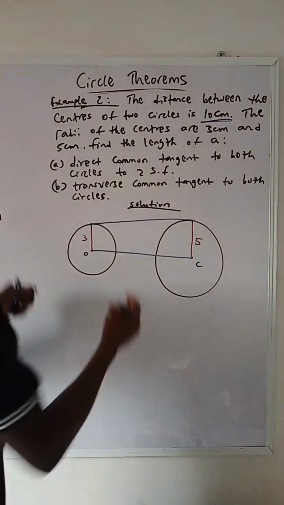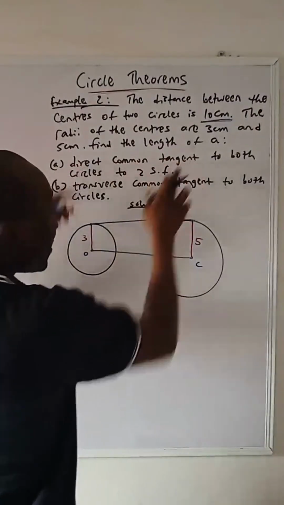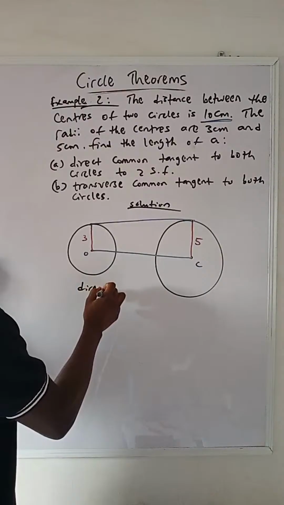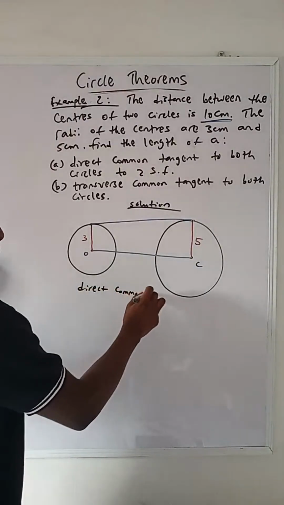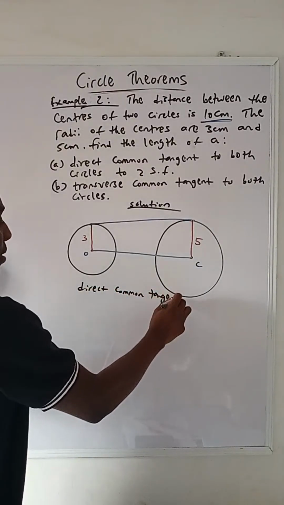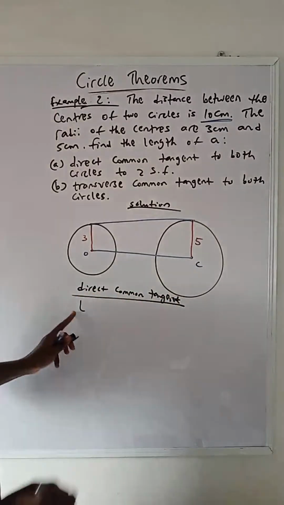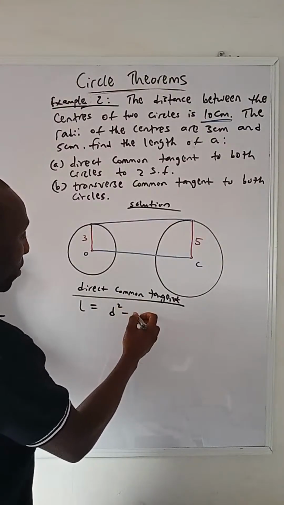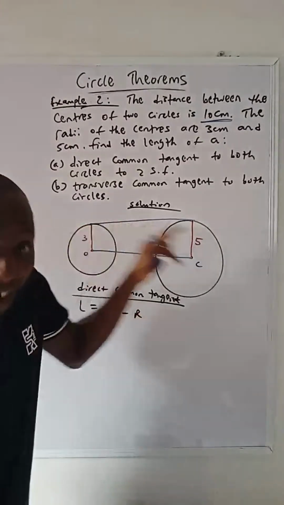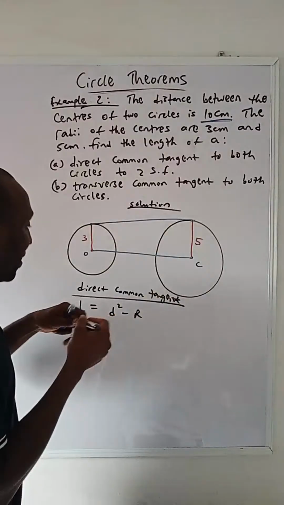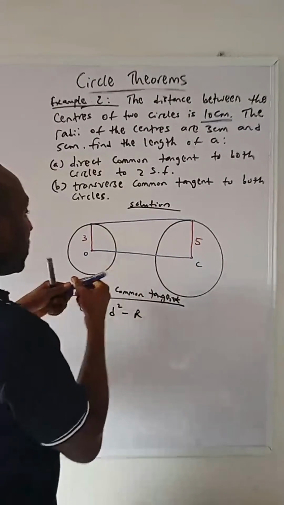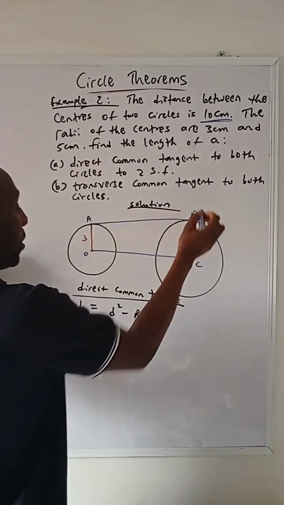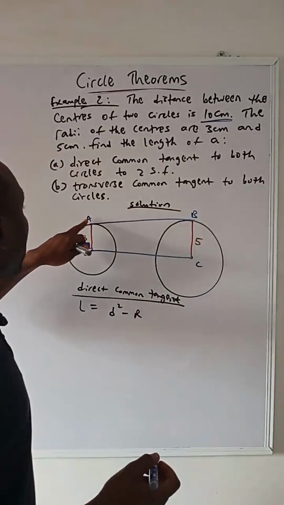Our interesting formula. We're asked to find the direct common tangent. For the direct common tangent, I gave you that interesting formula: L, which is the length of the tangent, is equal to the square root of D squared minus big R minus small r, squared. This is direct now, right? Let's label this OC. Let's call this AB. So we are looking for the length AB.